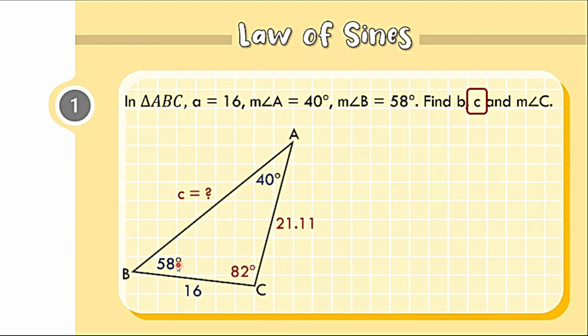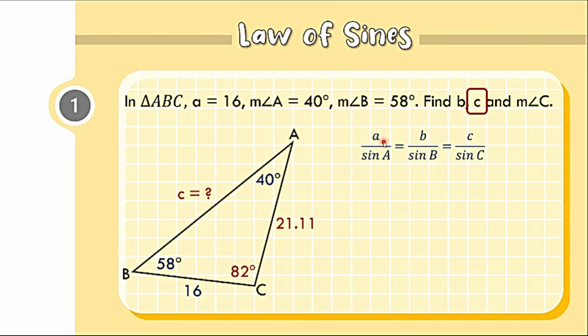And since we are now dealing with oblique triangles, we will use again the law of sines. In this case, we will use c over sine C since we are asked to look for the length of side C. And as for the ratio proportional to c over sine C, just decide which among these two will you use to get the answer.